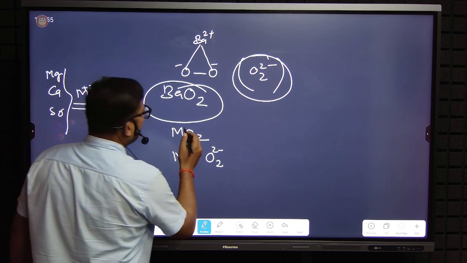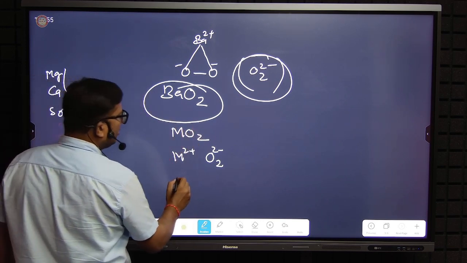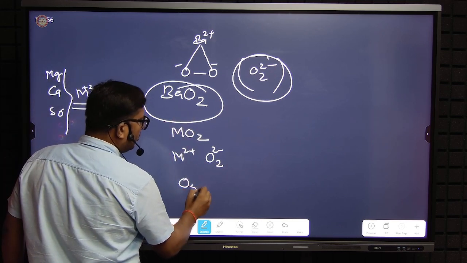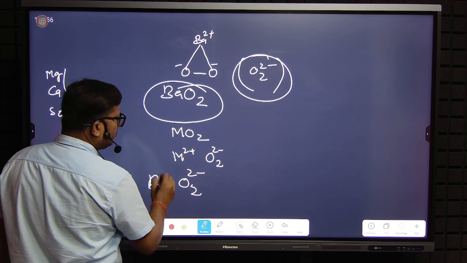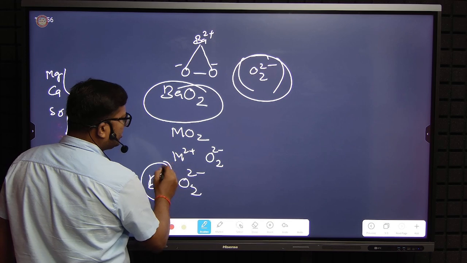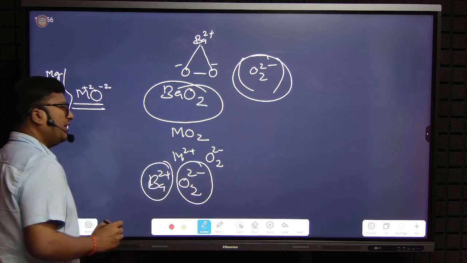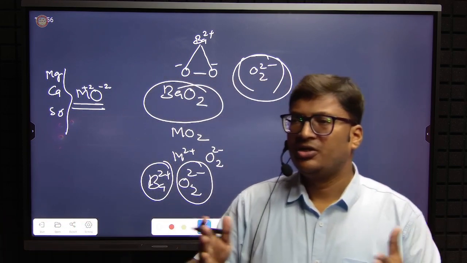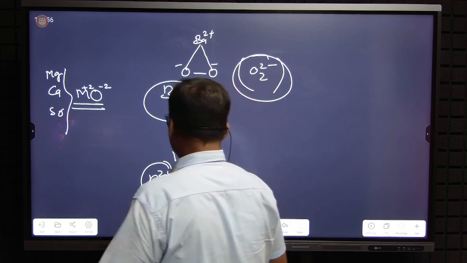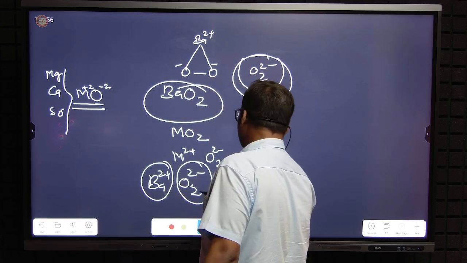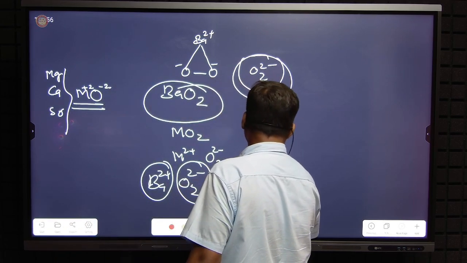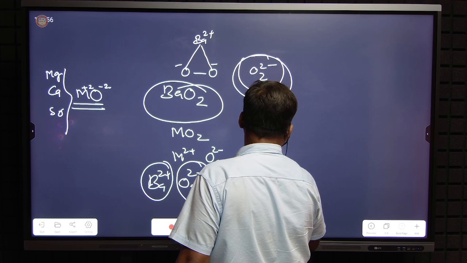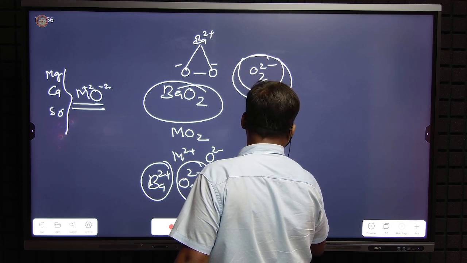The size of the barium 2 plus and the peroxide anion gives a very large interionic distance. So lattice energy will be low.